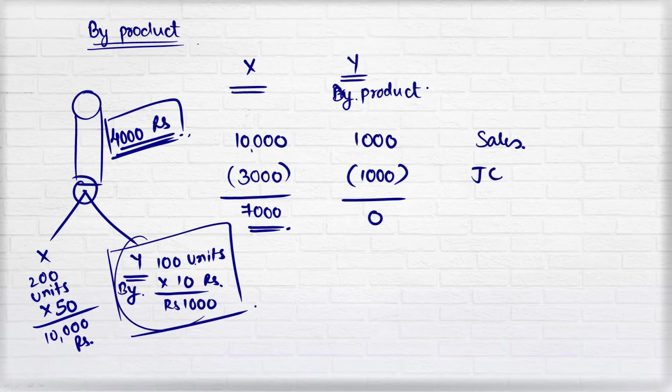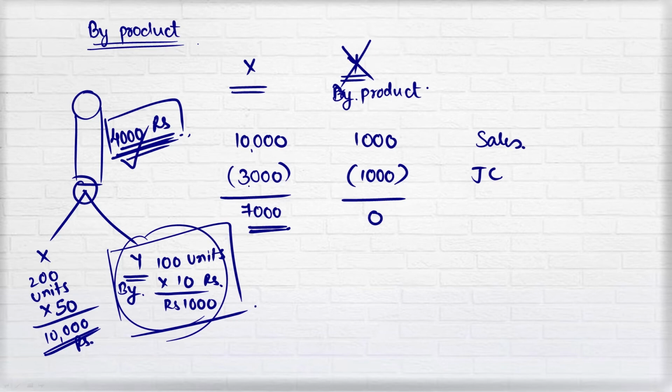Had this Y not been manufactured along with X, what would have been the profit? 6,000. How 6,000? 10,000 minus 4,000. But because there is a byproduct, it will reduce my overall cost, and my profit will increase by 1,000 rupees, and it will be 7,000. See, if product Y was not manufactured, then this would not have even been a joint cost, right?